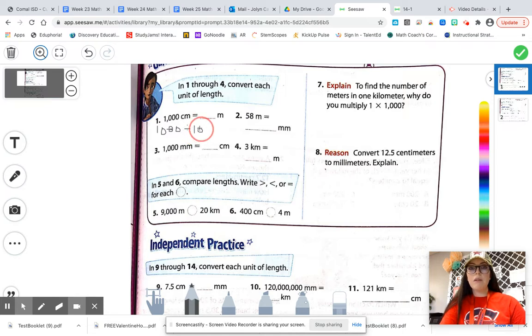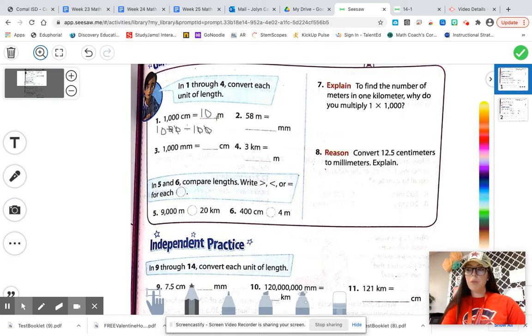And remember, boys and girls, whenever we're working with tens, hundreds, thousands, and we're dividing, if I have 2 zeros here, I can cross them off and take off 2 zeros here. And so then we just have 10 divided by 1. Okay, because there are 100 centimeters in 1 meter.